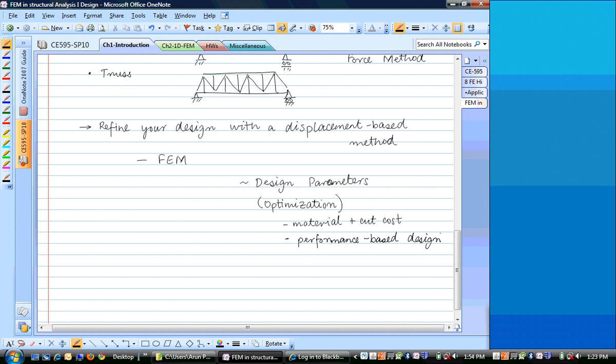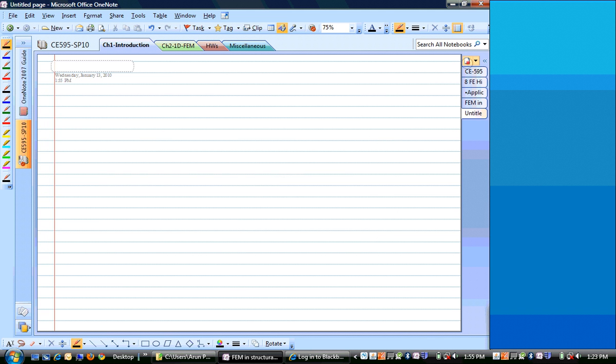So this is some sort of an overall picture that I wanted to give you where FEM fits, how you can use finite elements to do a design and analysis of your systems. So now that we have gotten to analysis, let me more accurately set up the analysis problem.